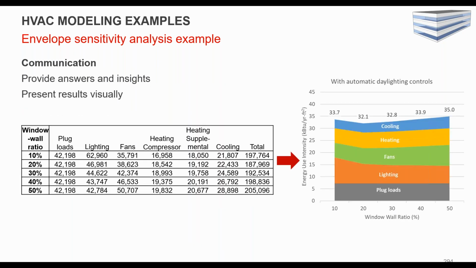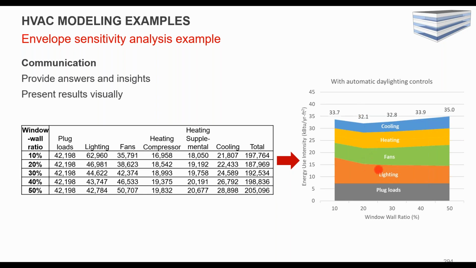And then what about communicating results, right? So you might be showing some data tables like the ones we've shown here. You might be looking at some sort of surface plot too that's showing lighting energy is basically going down. But one good thing to show when you're looking at a parametric like this is to visualize the data to figure out where the minimum is, right?